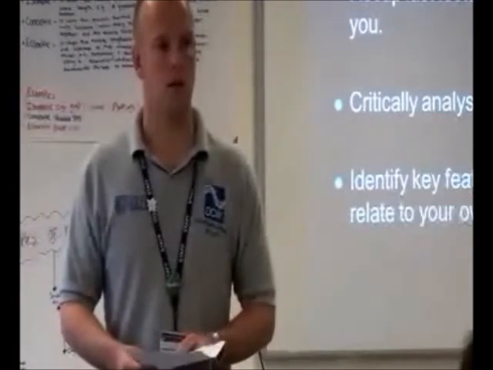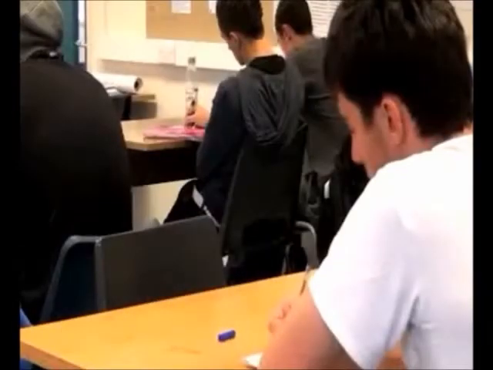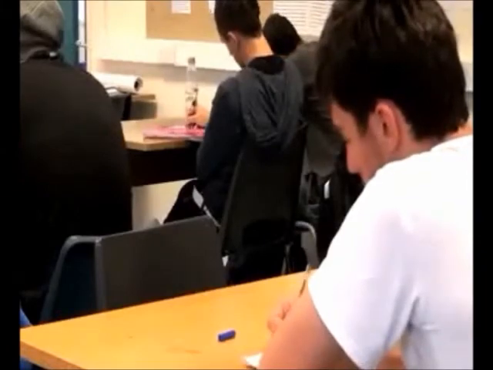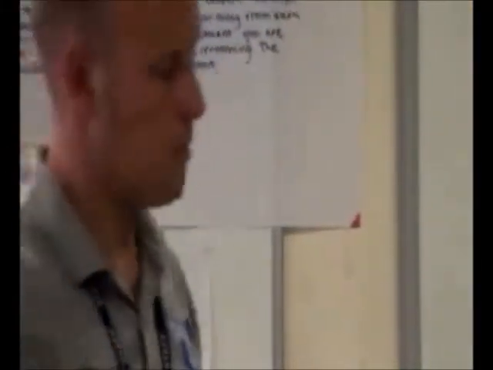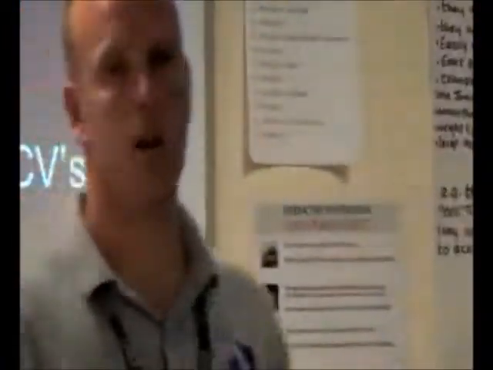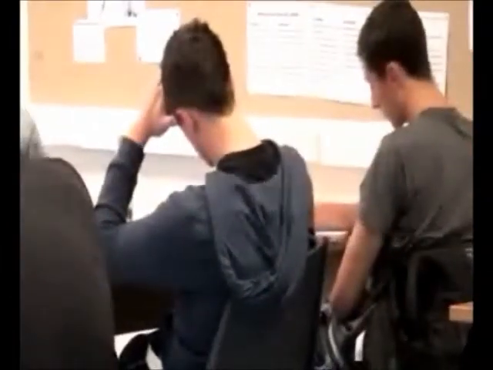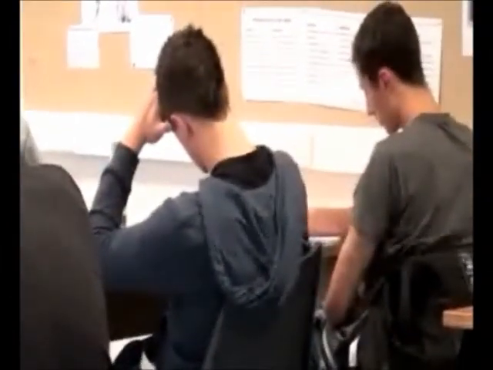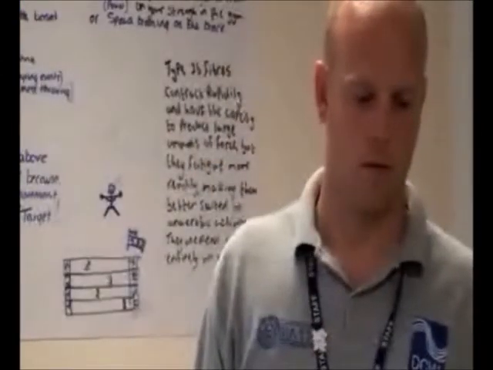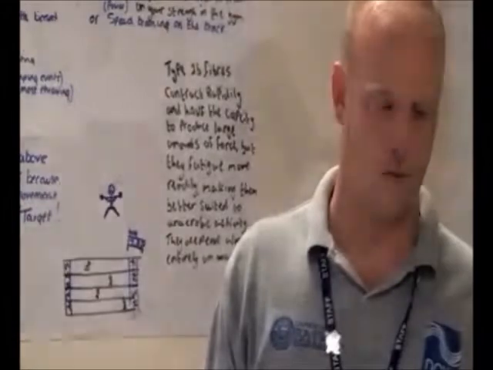And the final question is, if you're going to send your CV to an employer, what should you always have accompanied with it? Rather than just sending your CV, what are you going to send out with it?